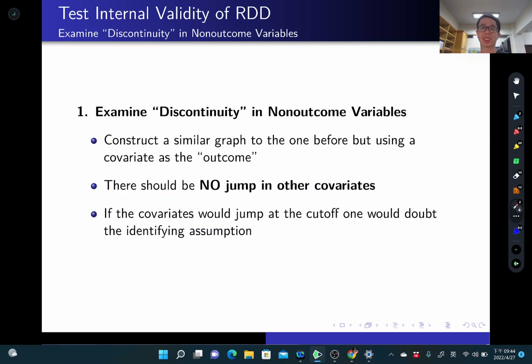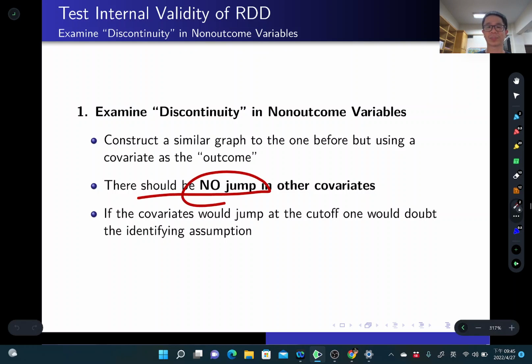So that is, no other confounding factors also change abruptly around the cutoff except for the treatment variable. So other variables should go very smooth, continuous across the cutoff. So you should expect there's no jump in other covariates around the cutoff.